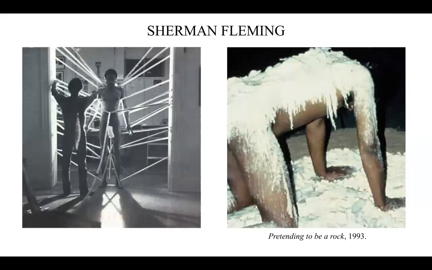So this artist is Sherman Fleming, and he's really interesting, and I guess it really shows the range of figuration in art, as his artworks are mainly performance art, and it's the physicality of using the human form and the human figure as an artwork.